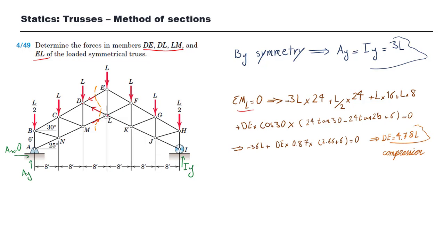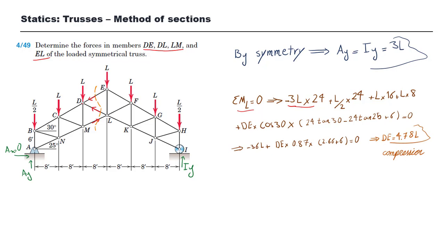By writing the moment equation around joint L, we can determine the internal force of DE, because two of the other internal forces are passing through joint L and they don't cause any moment about this point. So let's start. What we have is 3L, which is the magnitude of our support reaction.